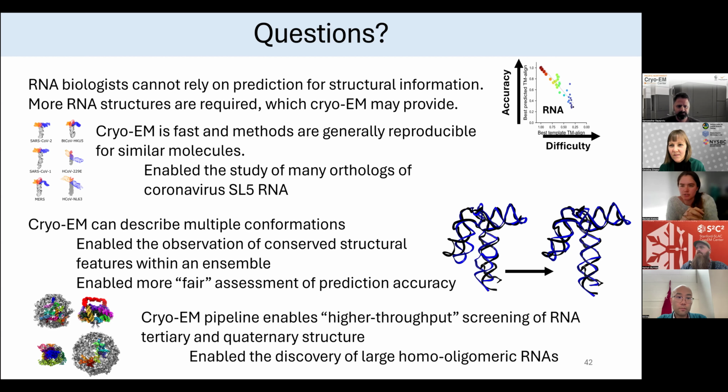So lower your salt concentration and see if that helps. And then the third thing is just to change your grid conditions. If you have a carbon film or a graphene film over top of all your holes, you need to freeze at a much lower concentration then, sometimes as low as 10x what you would if it's just a water hole. And that will reduce aggregation as well, right? So those are things to try. At the end of the day, not all of them may work, but those are the things we generally try.